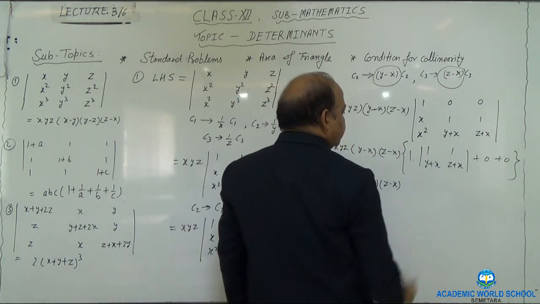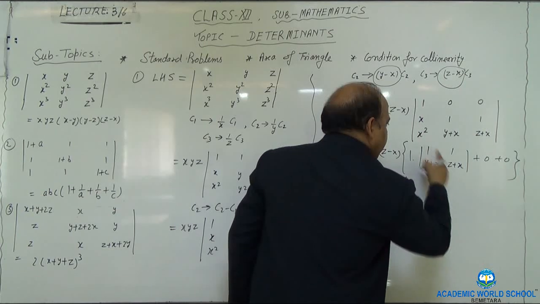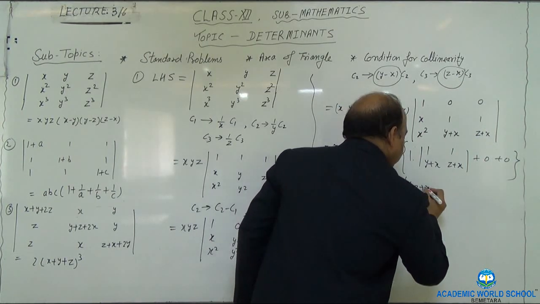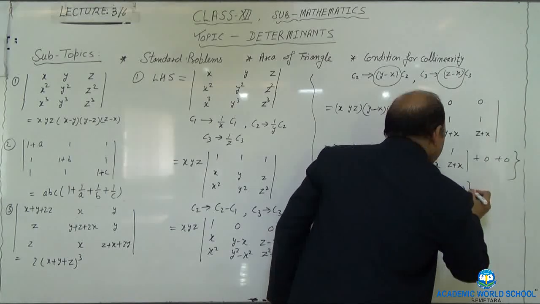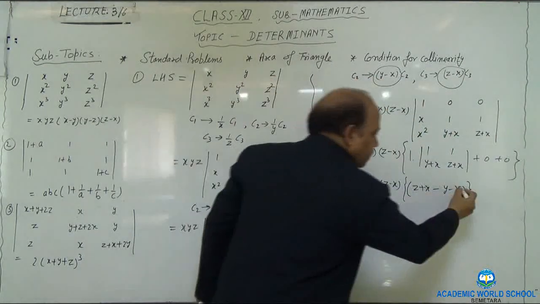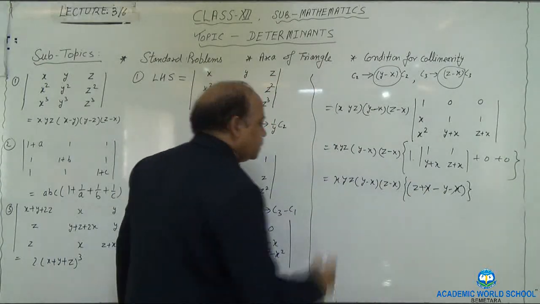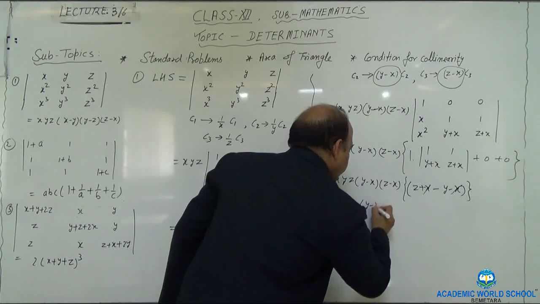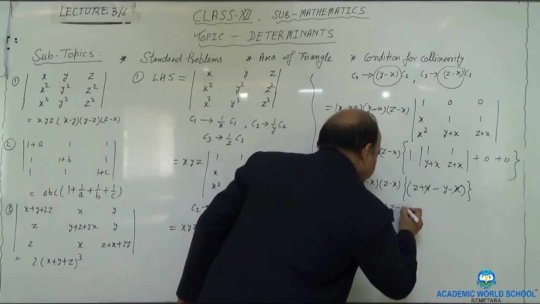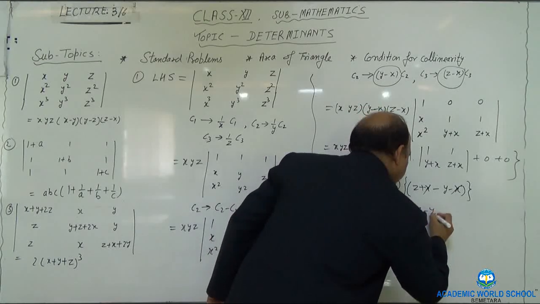Now multiply this. This will give you z plus x minus y minus x. This is what we are getting. x got cancelled, so you are left with z minus y. So x, y, z, y minus x, z minus x, and then here z minus y.